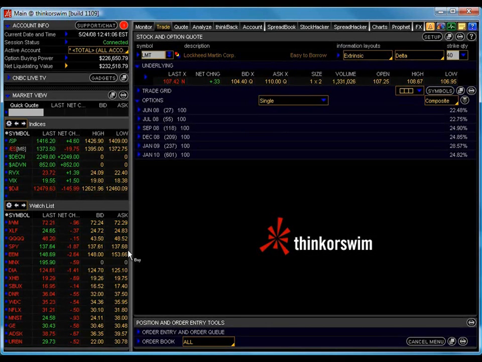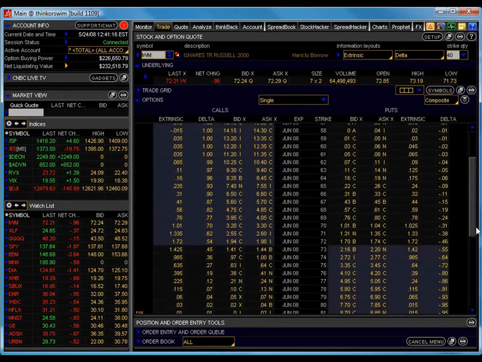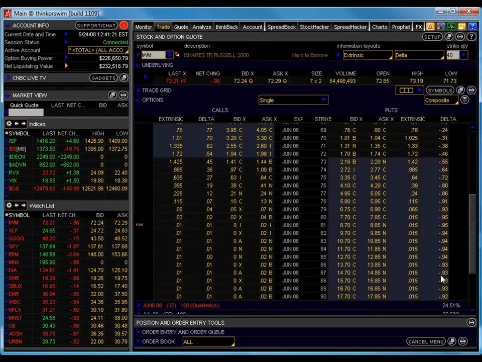So specifically now, let's go to an index like IWM, which is one of my favorite index options to use. I currently have a position on the IWM, which is way up here.